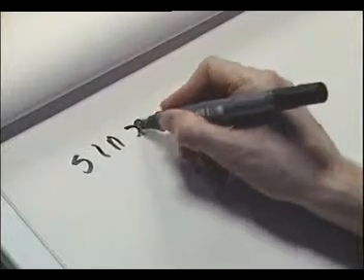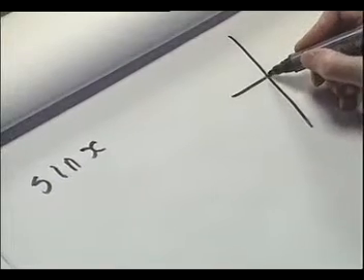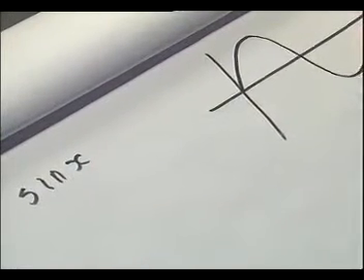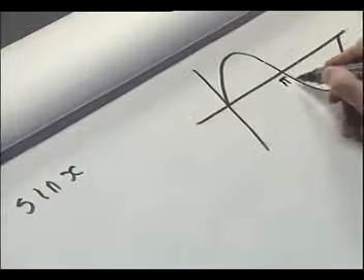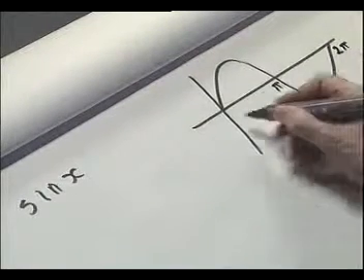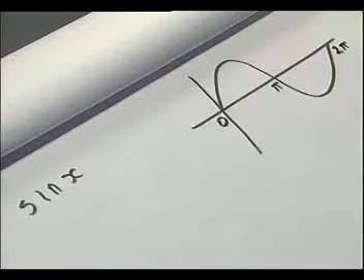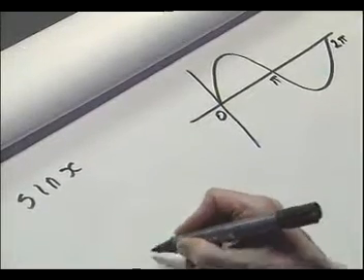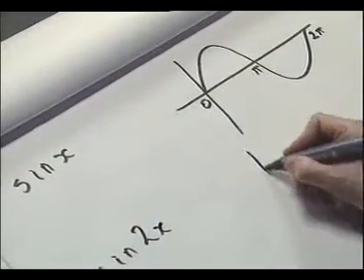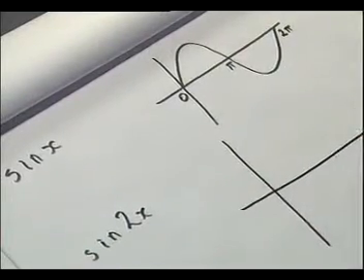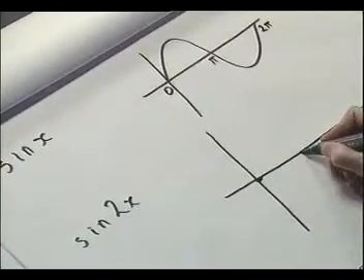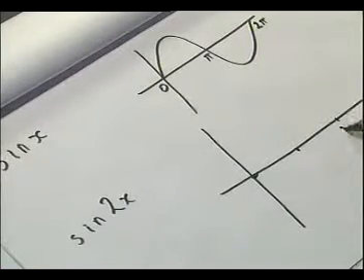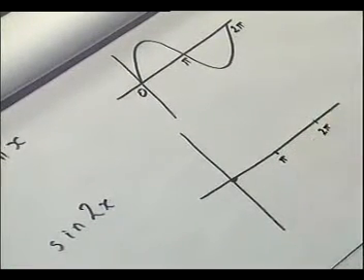Sine x. Let's just have a look at its graph between 0 and 2 pi. So that's sine x. Now what about sine 2x over the same range? Well, let's just think about it. What are we doing when we're multiplying by 2?